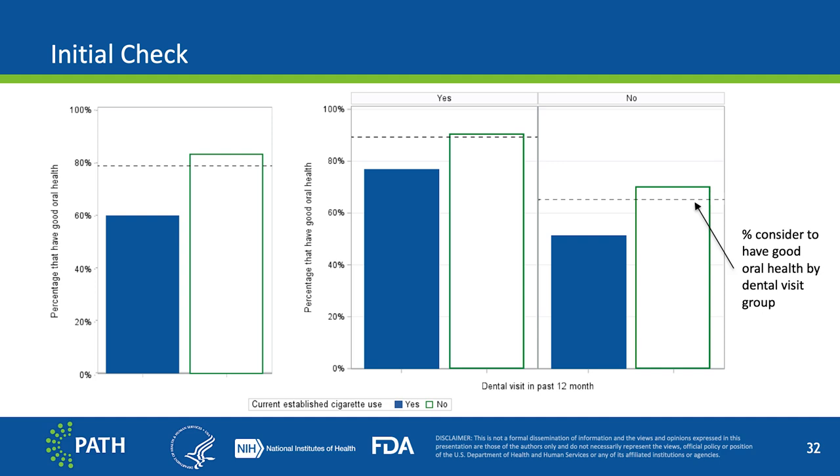The plot on the right separates or stratifies this overall distribution by dental visits in the past 12 months. You will see that for people who had a dental visit in the past 12 months, a higher proportion of them had good oral health than the people who didn't have a dental visit in the past 12 months, even if they smoked cigarettes. We definitely see some differences across the levels of this mediator.